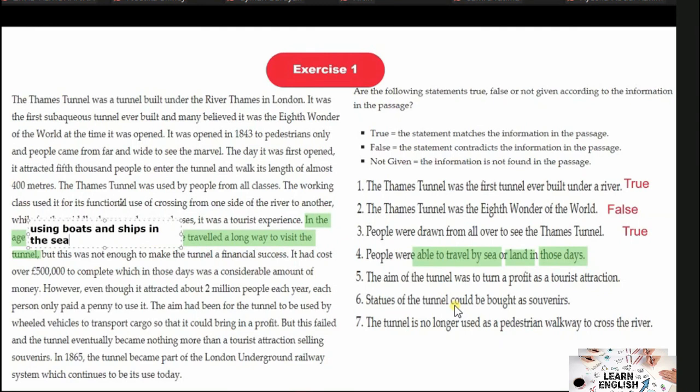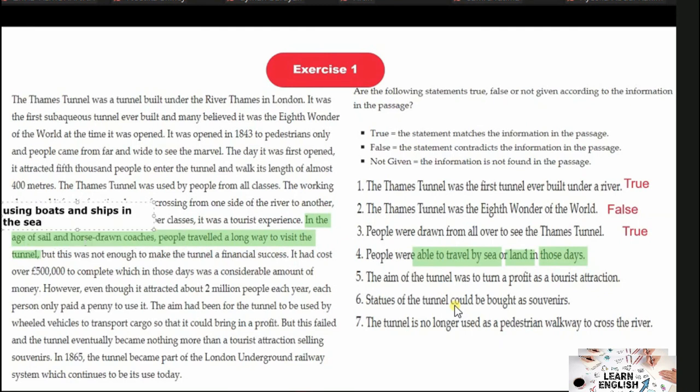Good. And where did horse-drawn coaches move? On the land. So in this case, I'm going to consider question number 4 what? True. That's it. So that's why you should not rush saying, oh, it's not given.